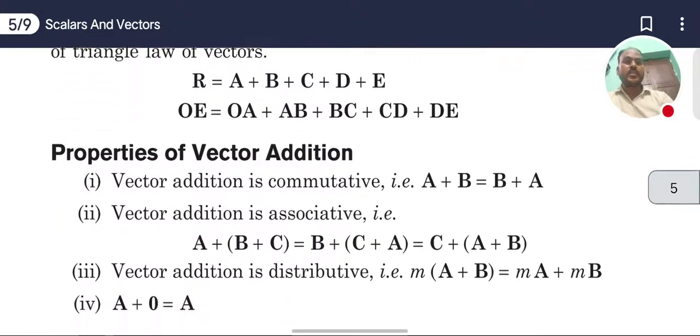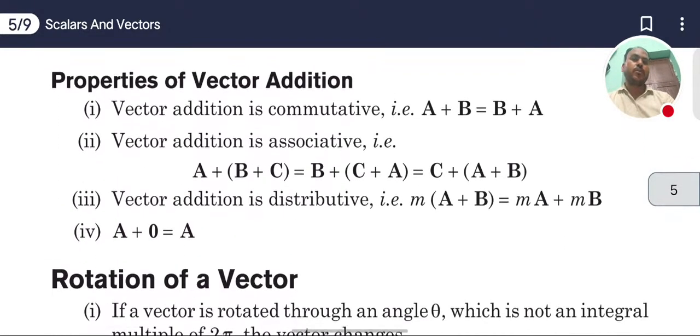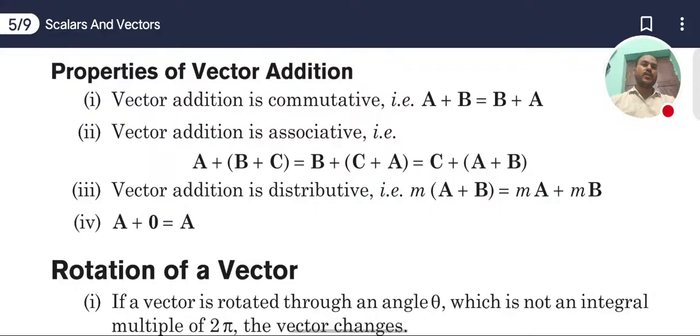Now next we are going to discuss the properties of vector addition. The addition has some properties, so we will discuss them now. First point for the properties of vector addition: vector addition is commutative, that is a plus b equal to b plus a.